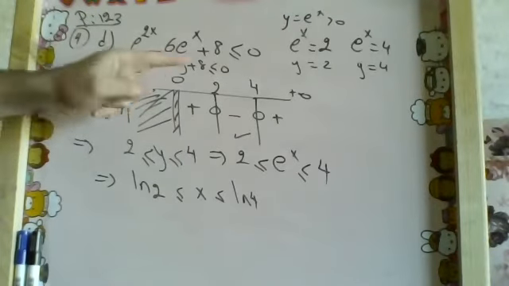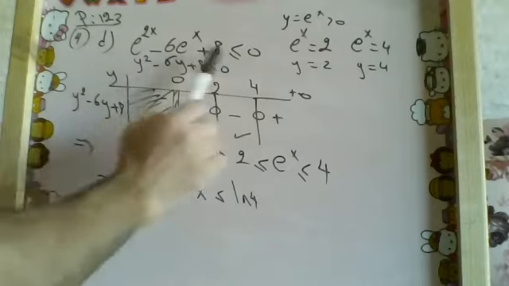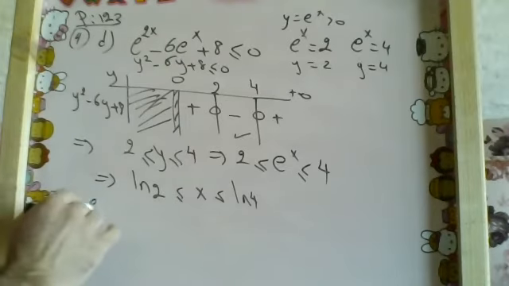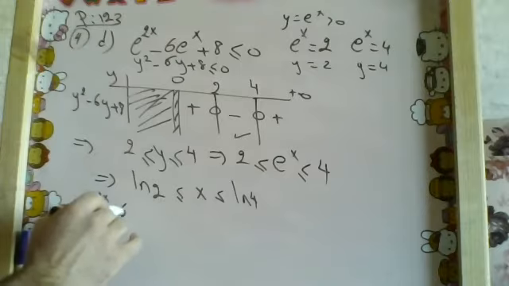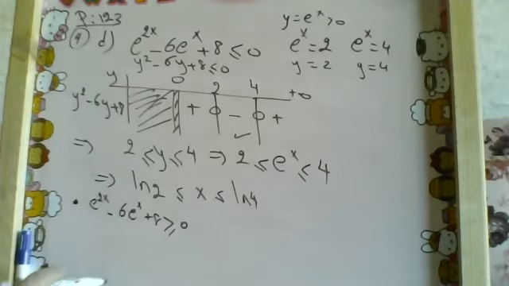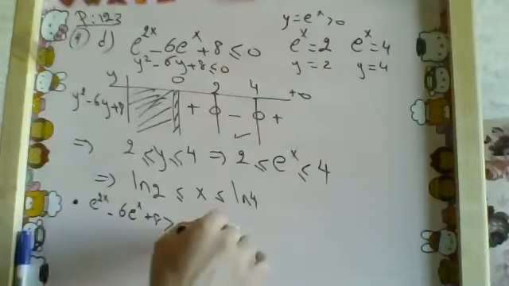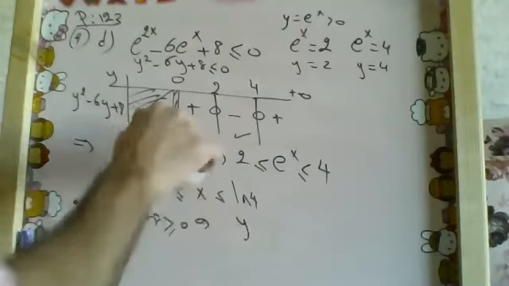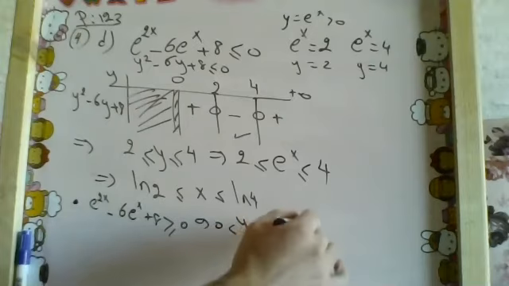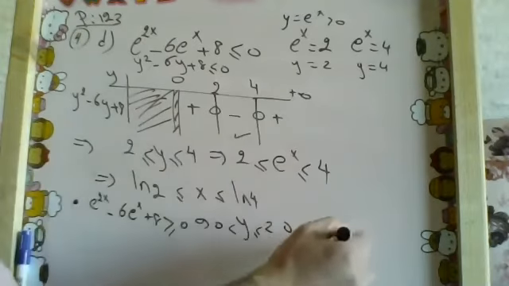If the question needed it greater than 0, for example e power 2x minus 6 e power x plus 8 greater than or equal to 0, what do we write? y is between 0 and 2, or y is greater than or equal to 4.